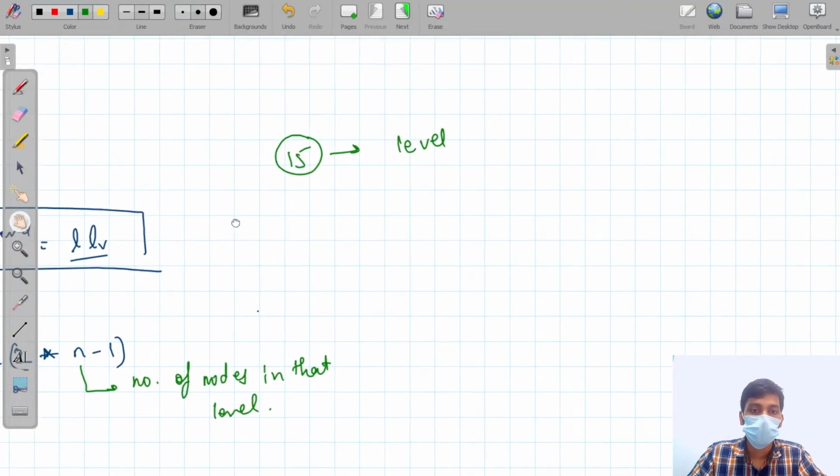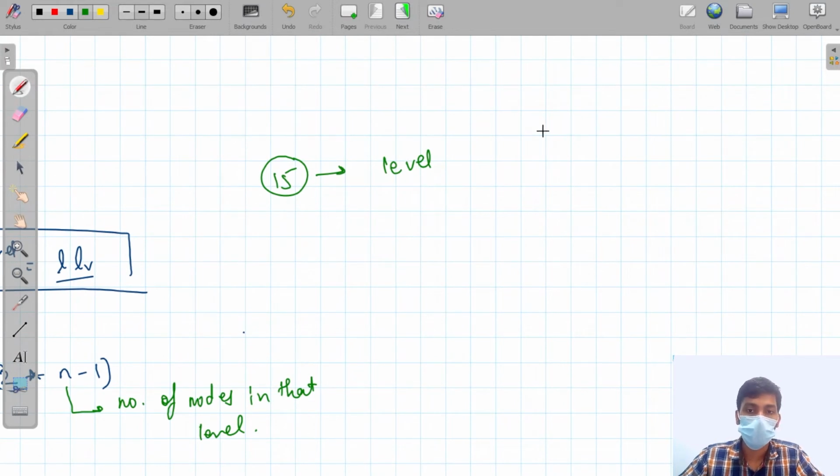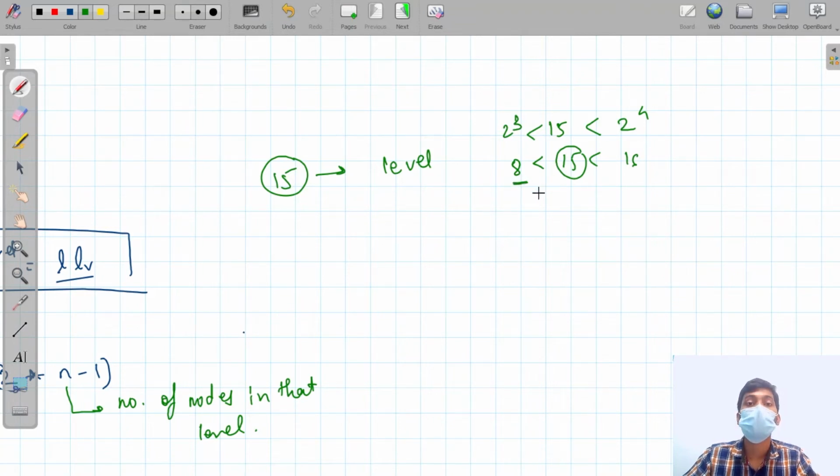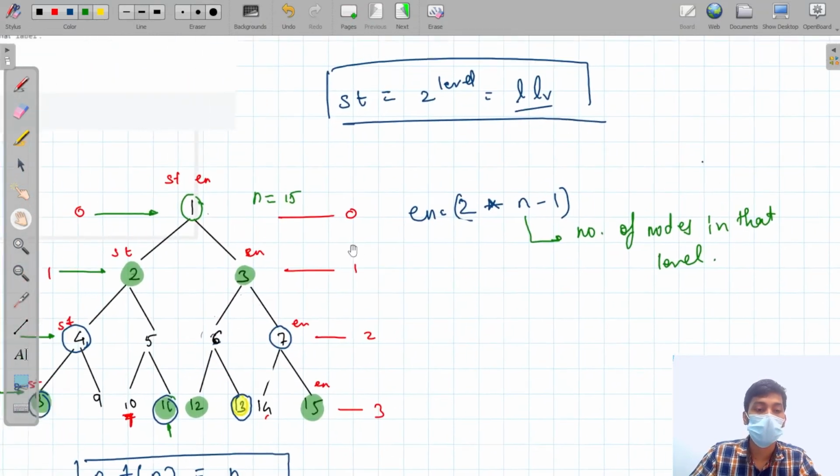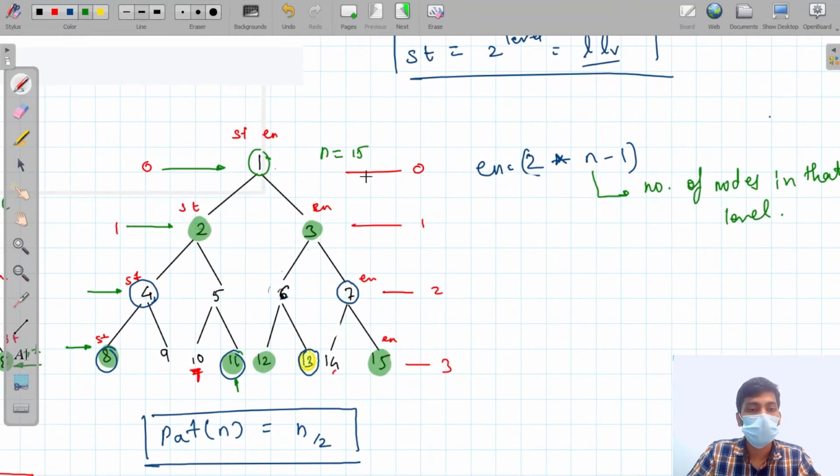Now we know that 15 is less than 2 raised to the power 4, that is 16, and it is greater than 2 raised to the power 3, that is 8. So can we say that this 15 is going to be included in the level where 8 nodes are present? You can observe how many nodes are there for every level.